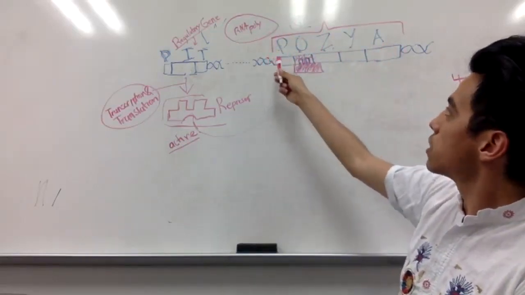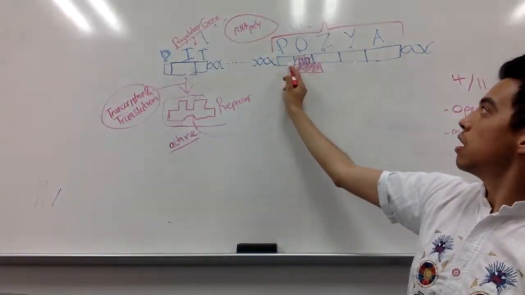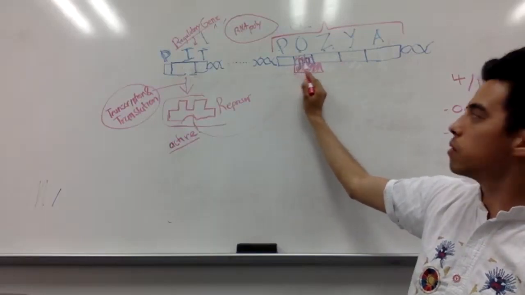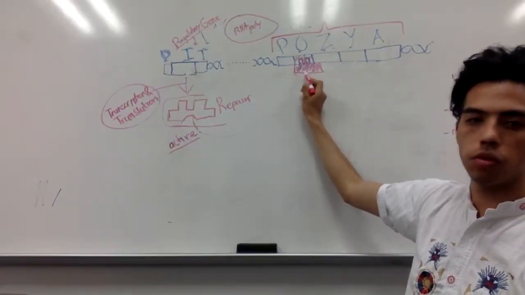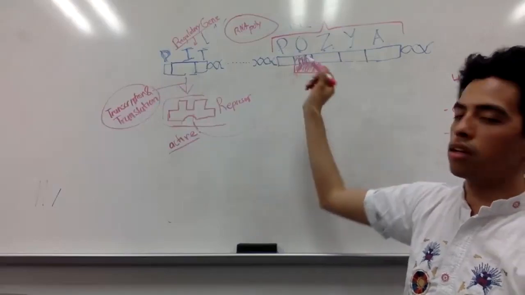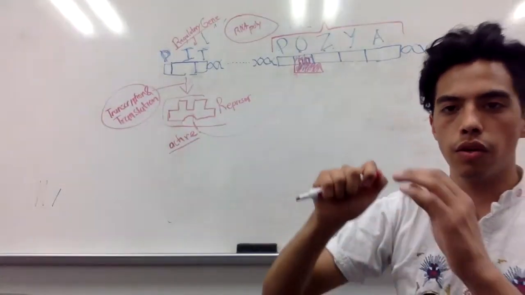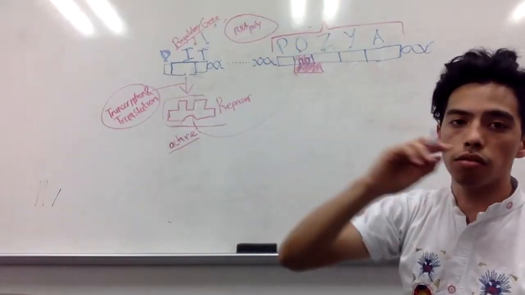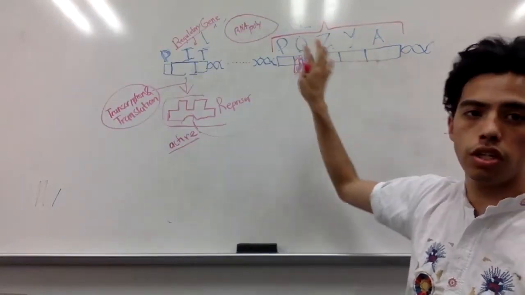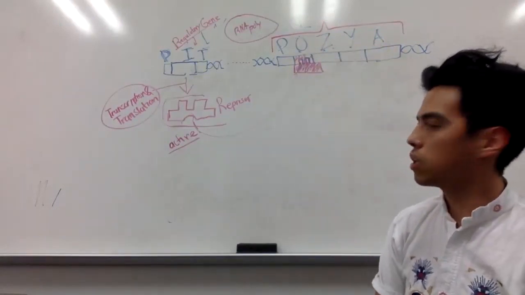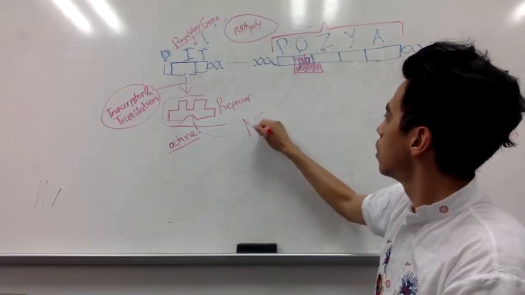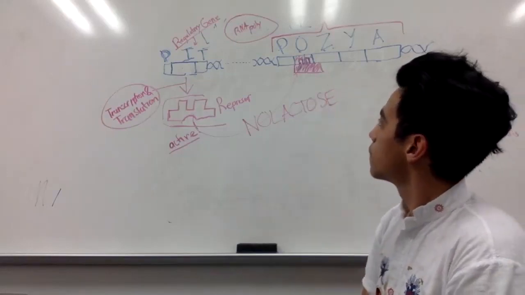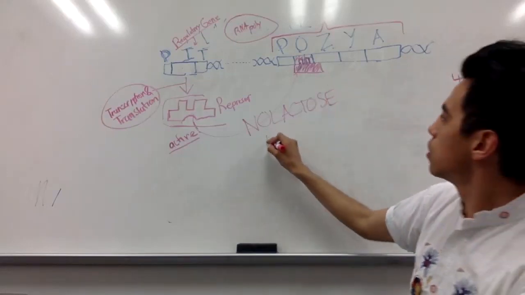But as soon as it starts going downstream to transcribe, it'll reach this obstacle in the road, and it'll realize maybe I shouldn't transcribe these, so it'll detach from the promoter and leave, leaving these genes untranscribed. So that's the case when there's no lactose.